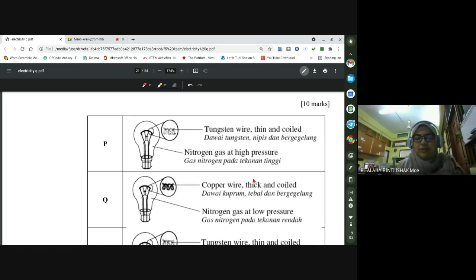And up to a certain point, when the heat is too much, it will be converted to light. So for a filament bulb, we need a high resistance wire. That is why we choose tungsten, because tungsten has higher resistance.